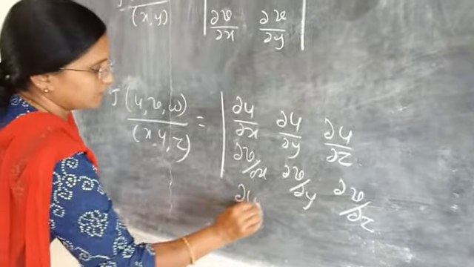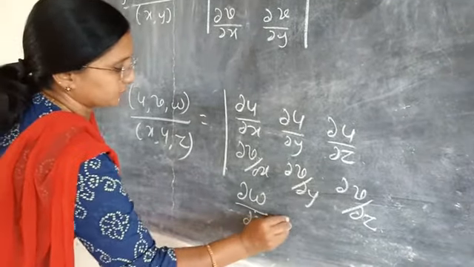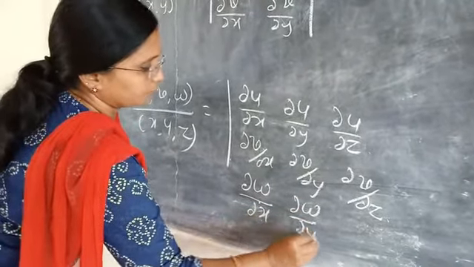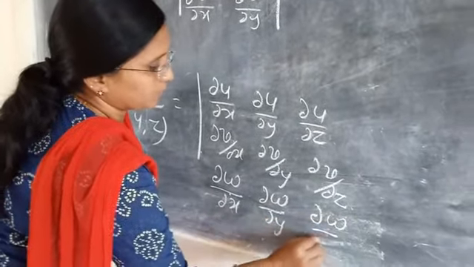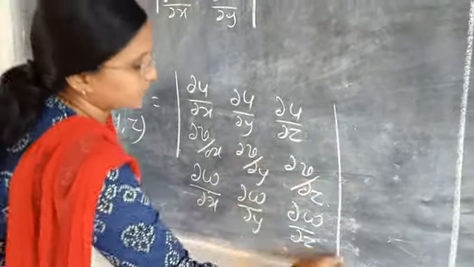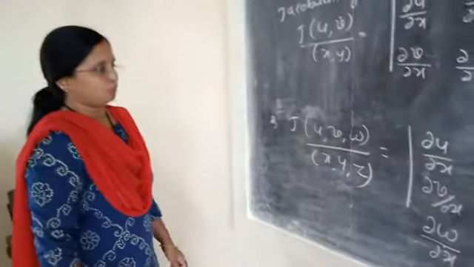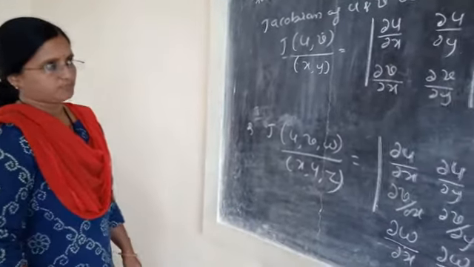Then similarly dou w by dou x, dou w by dou y and dou w by dou z. This is the Jacobian of u, v, w with respect to x, y, z.